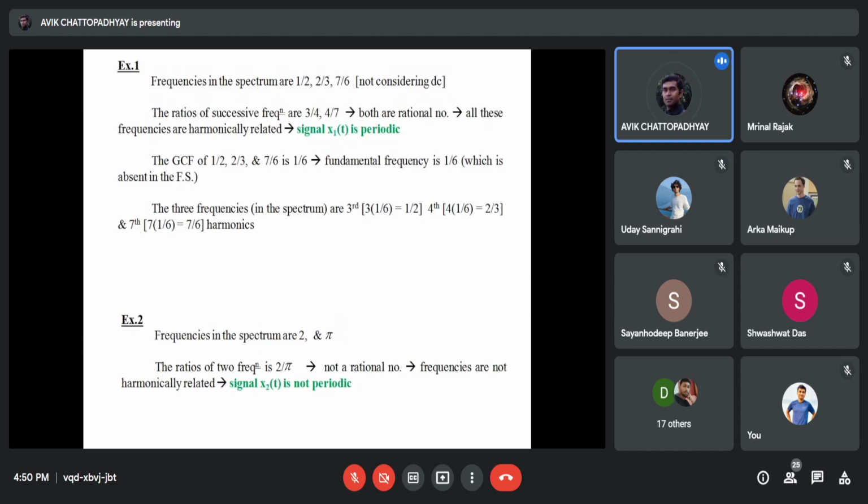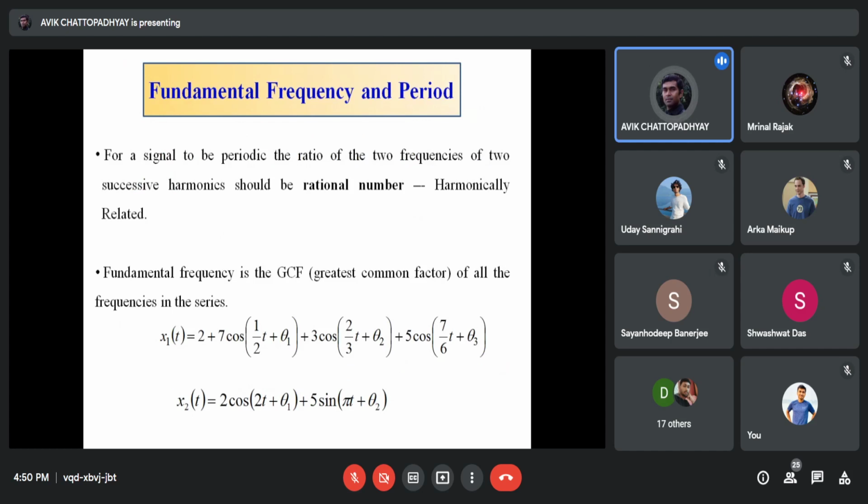There may be different questions: first to check whether the signal is periodic or not, find out the fundamental frequency, or what are the harmonics present within this signal if it is periodic. So there are two to three types of questions asked. That is just an example.